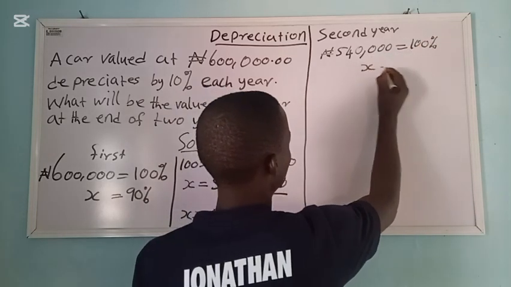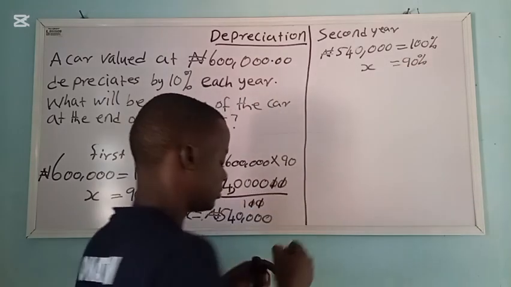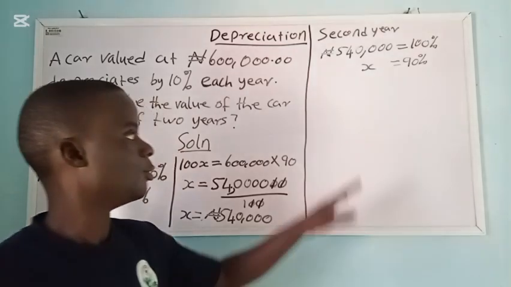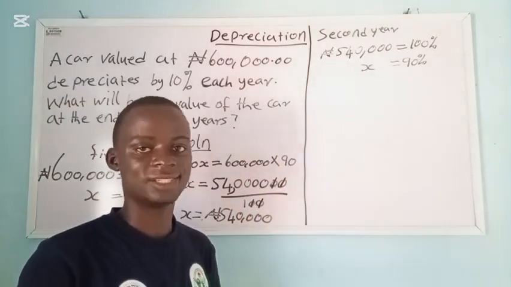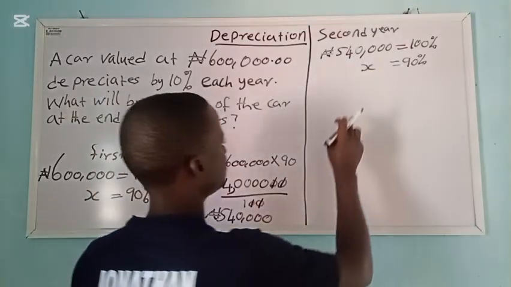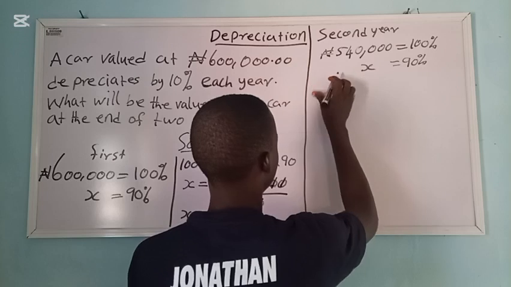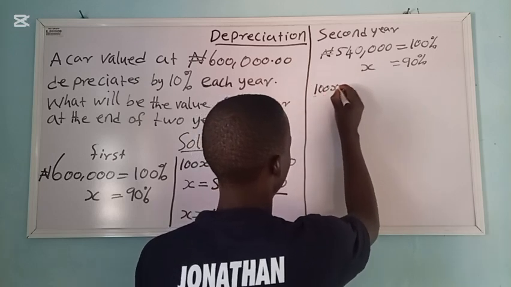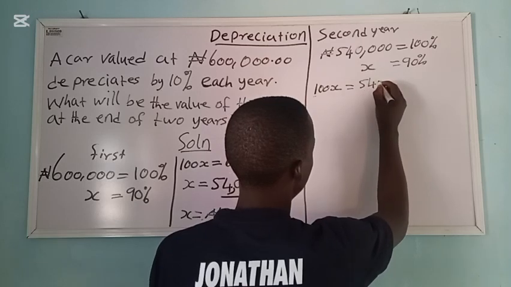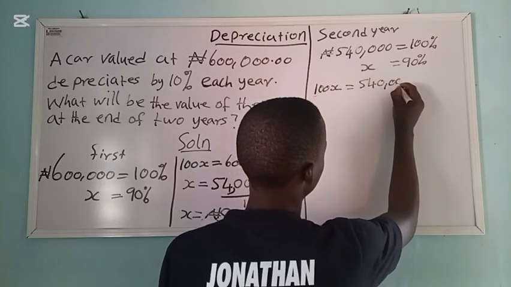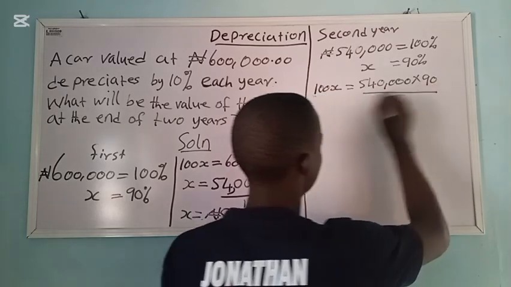So now what value will it be for 90%? Now we'll still use what we did for here. Still cross multiply to see what will be the answer. So now you will set this times this and this times this, which will be what we have, 100x is equals to 540,000 times 90 all over.